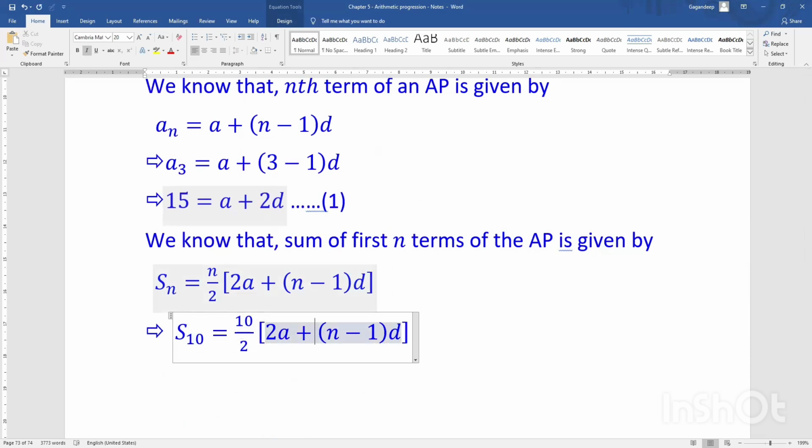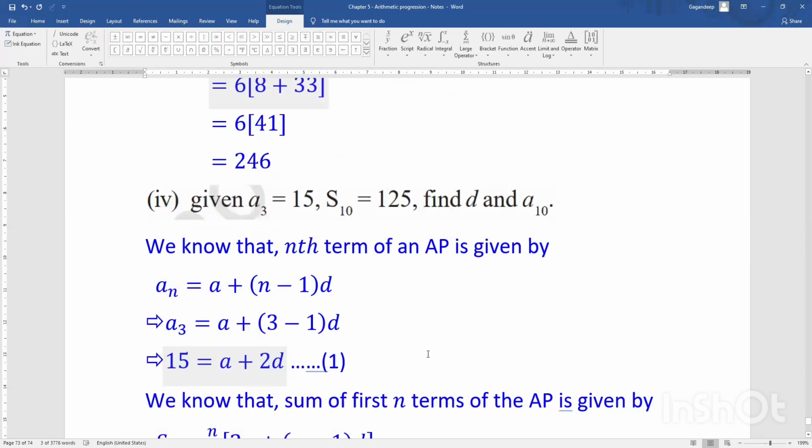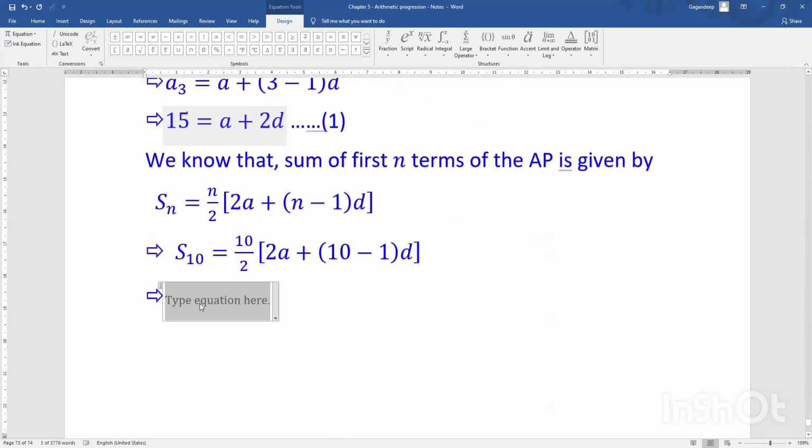So a, I don't touch, let it be as it is. And then n minus 1 value, it is 9. What is S10 actually? Here S10 is 125. So let me write it, 125 equals 10 by 2 is 5, 5 bracket open, 2a plus 9d bracket close.